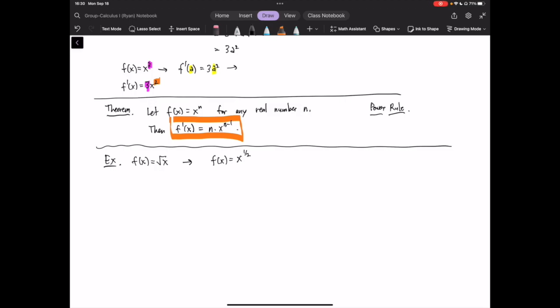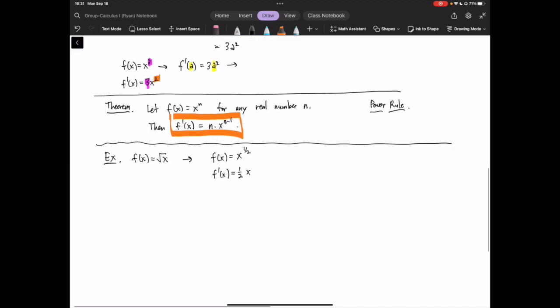So if this is the function, then f prime of x is going to equal, the power comes down, so 1/2 comes down, x we write down, the new power is going to be the old power minus 1, right? Always minus 1. So I wrote it this way, 1/2 minus 1, but we can actually compute that, right? So we shouldn't leave it like this.